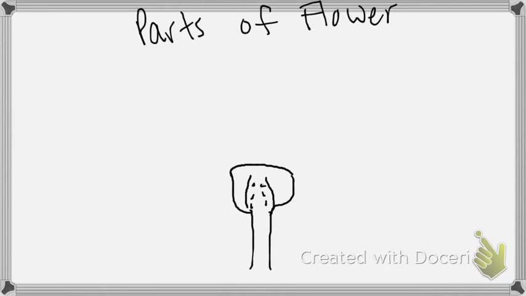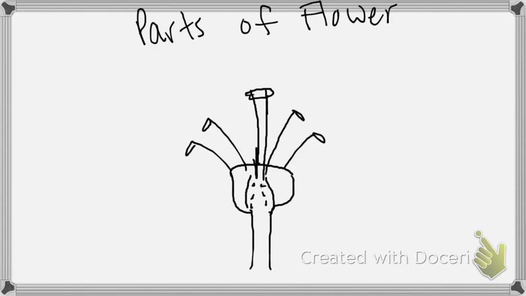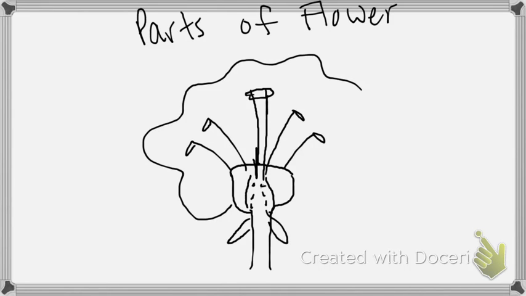Okay, and from here we will have our next structure that's coming down inside of here. There we go. And last thing, we'll draw our little sepals down here, and then we'll draw our petals last. Right, so here's our basic flower.